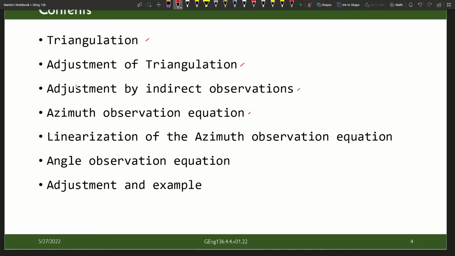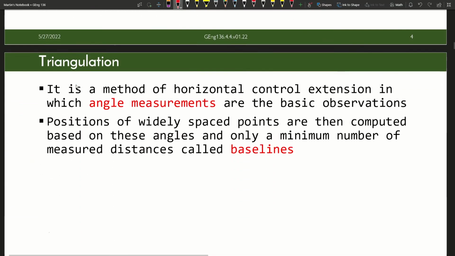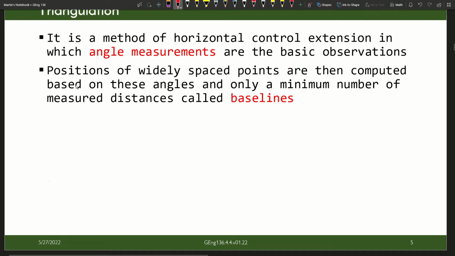Triangulation is a method of horizontal control extension in which angle measurements are the basic observations. In trilateration, we are just measuring distances. But before trilateration, we had triangulation, which is widely used because we just measure the angles instead of distances.